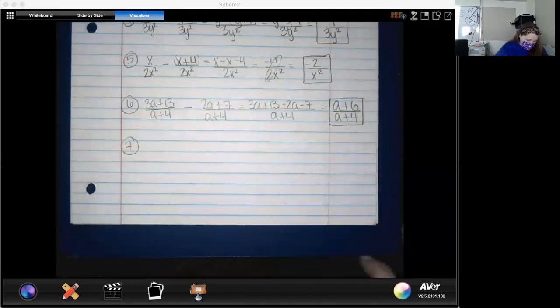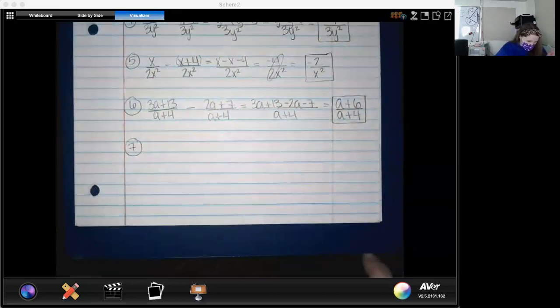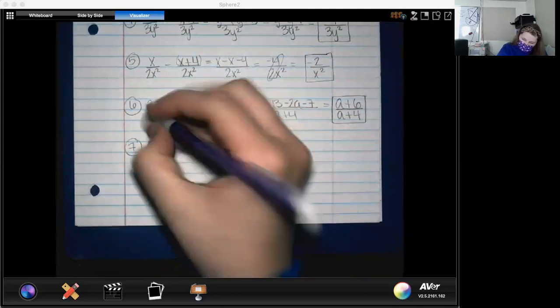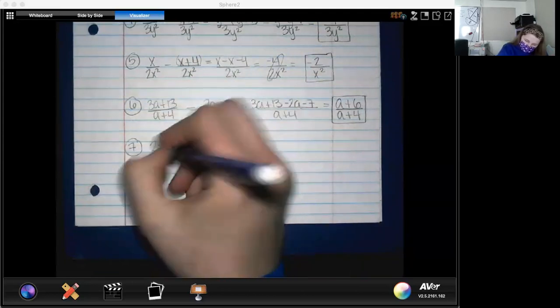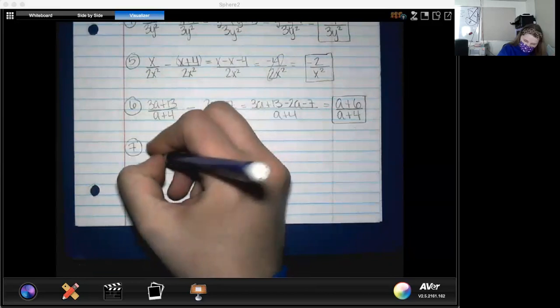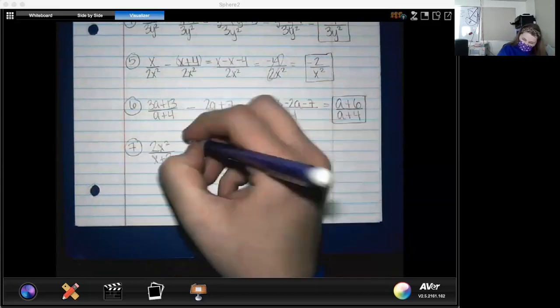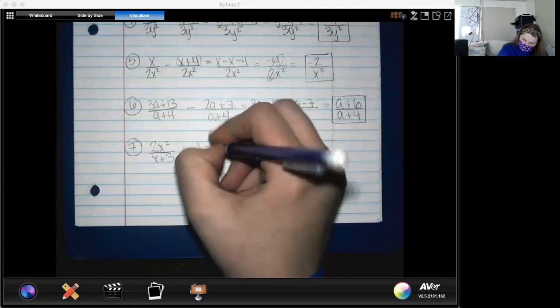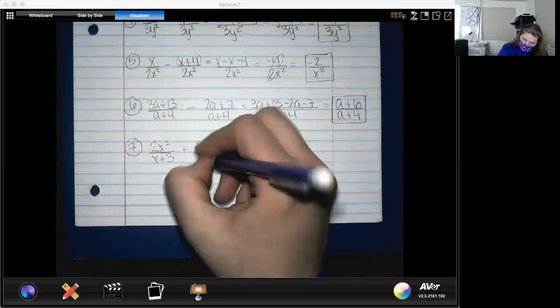Okay, let's get back to some factoring. We kind of haven't done any factoring ones. 2x squared divided by x plus 3 plus x minus 15 divided by x plus 3.